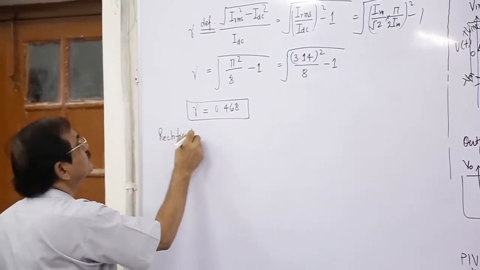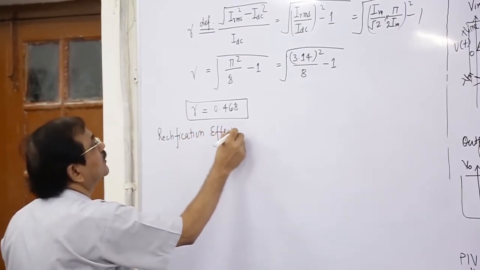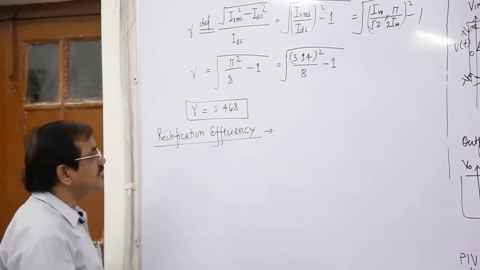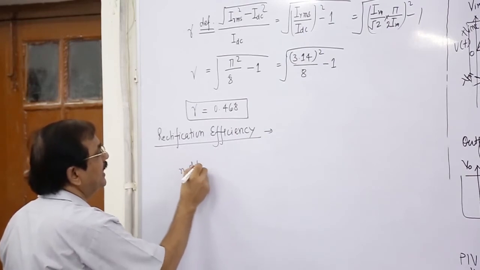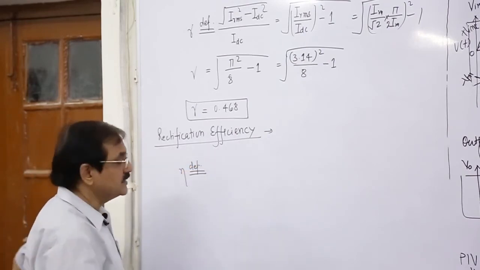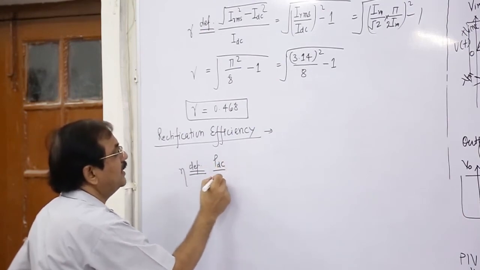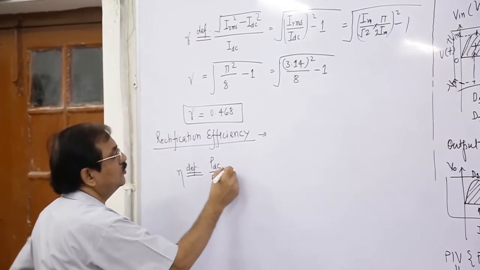Rectification efficiency. This is again defined as PDC upon PAC into 100.